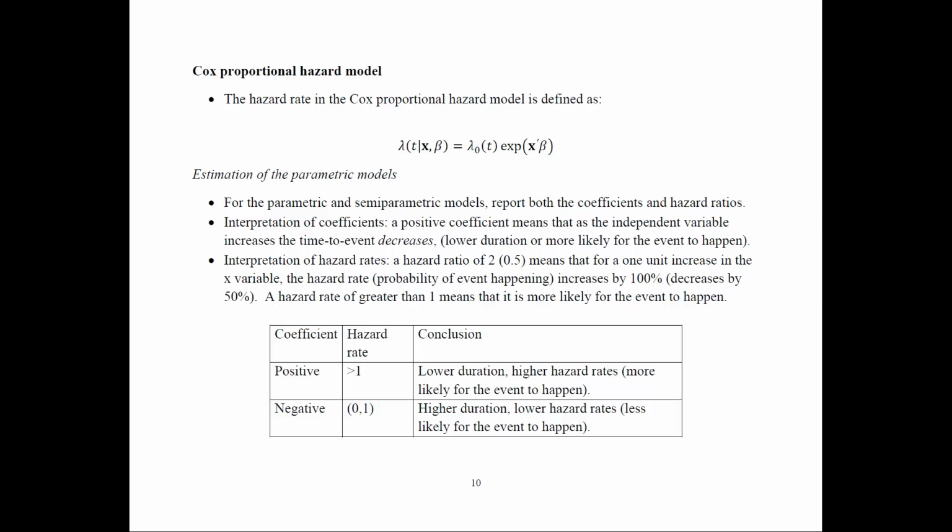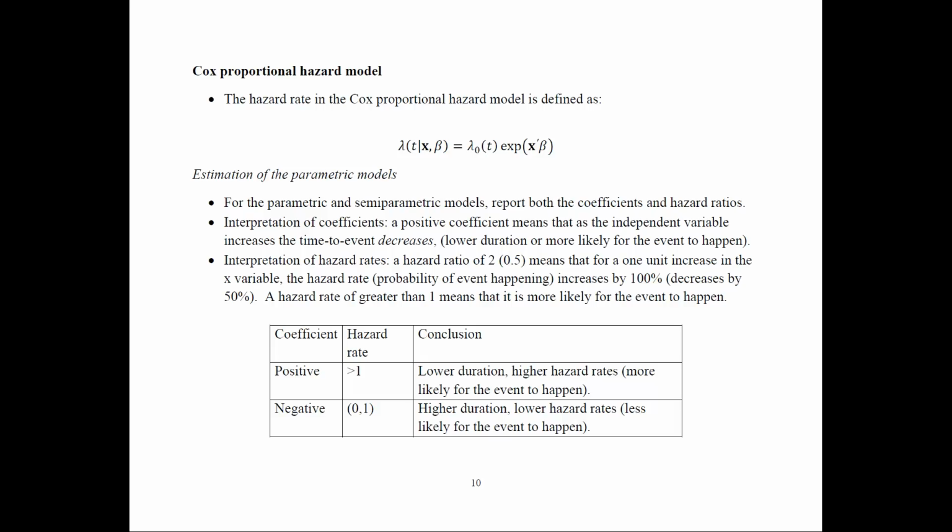So I have here a note on the estimation of the parametric models. When we estimate these models, we typically report both the coefficients and the hazard ratios. The way to interpret things, and this is a little bit confusing, so I had to spell it out, is that a positive coefficient means that as the independent variable increases, the time to event decreases.